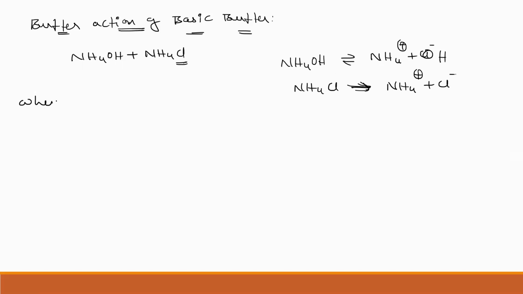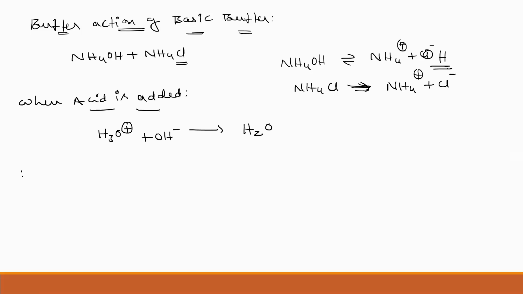So here, when acid is added, whenever acid is added to this buffer solution, what is going to happen? Okay, so this acid, I'm writing as hydronium ion, combines with the OH minus, which is already present in ammonium hydroxide, to produce H2O.